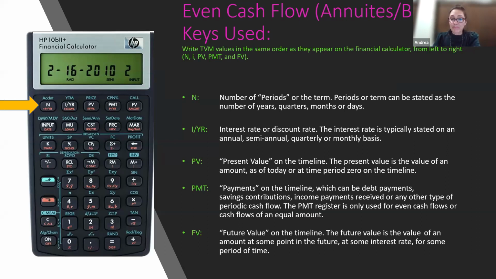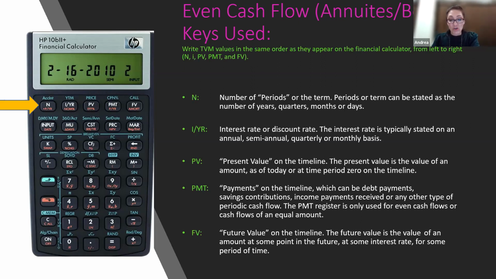All right. The interest rate, or the discount rate. The interest rate is typically stated on an annual, a semi-annual, a quarterly, or a monthly basis. I do want to mention, if you are looking at your textbook, part of the benefit of this class is that I show you shortcuts on your calculator.